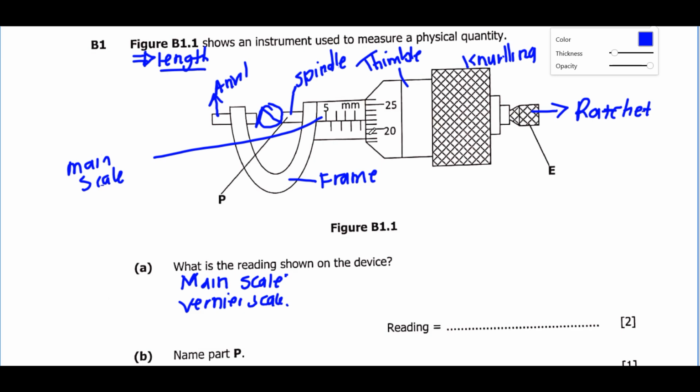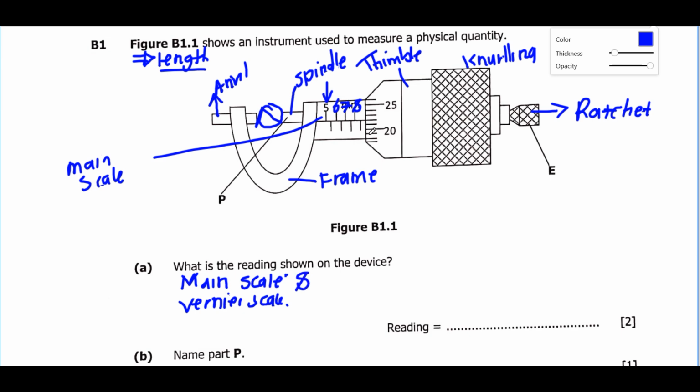We are just going to look at the numbers. So this number is 5. Then this is 6, 7. So the last line is 8. So you have 5, 6, 7, 8. So I'm going to write 8.